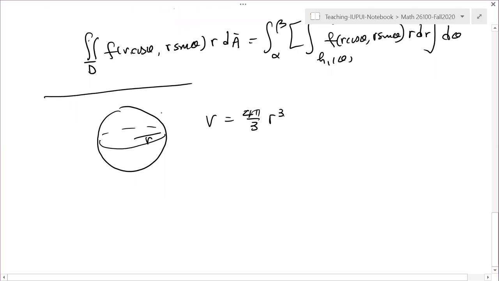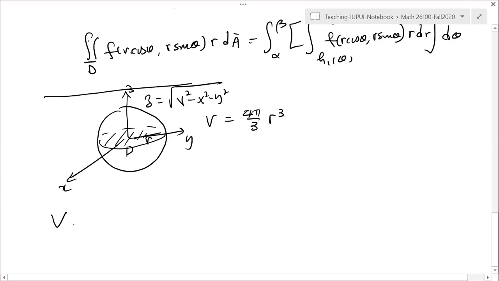If we put it in the xy coordinate system, the surface will be z equals the square root of r squared minus x squared minus y squared. This is D, so the volume of the ball is twice this double integral of the function.